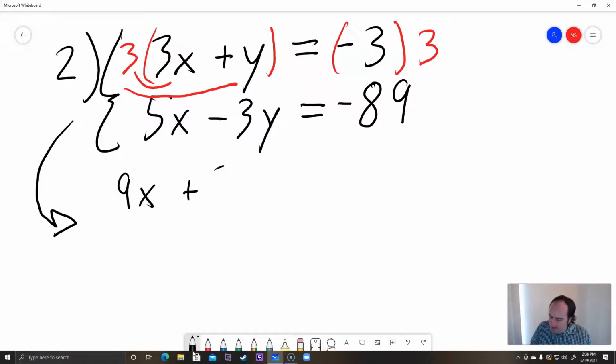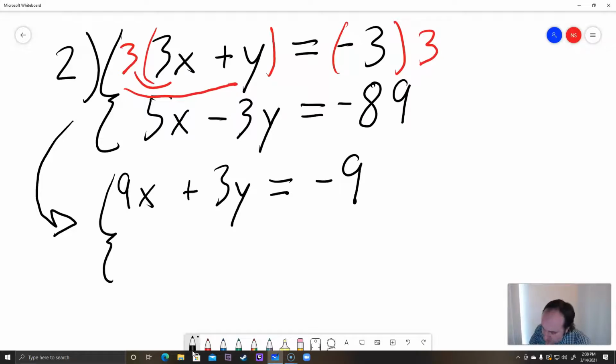So we get 9x plus 3y equals, on the other side, negative 3 times 3 is negative 9. So we have 9x plus 3y equals negative 9 for the top equation, but the bottom equation is still the same. So the bottom equation is still 5x minus 3y equals negative 89.